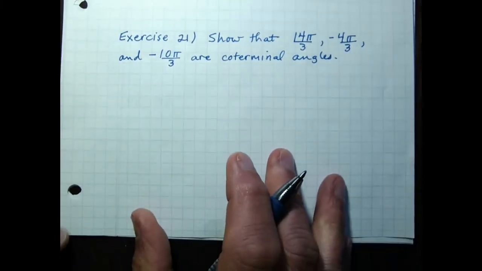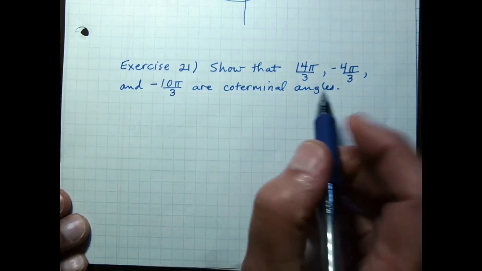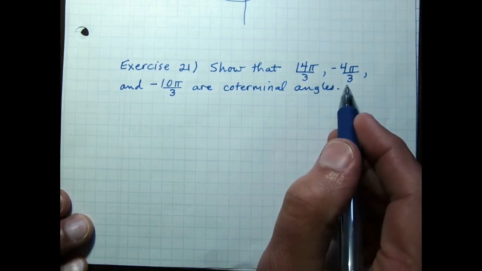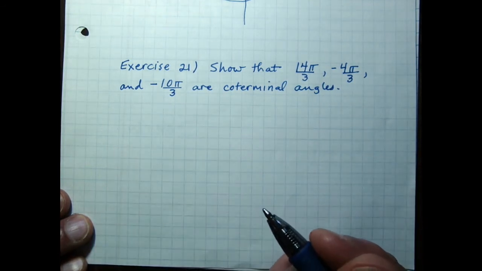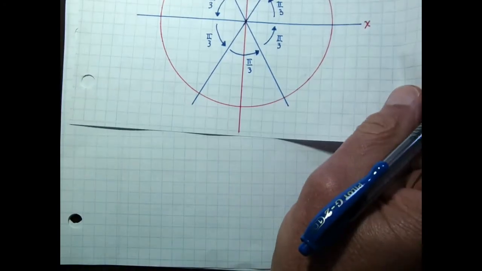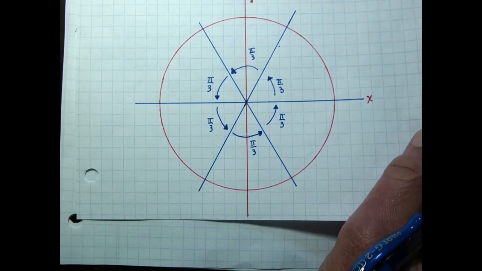Let's do a similar kind of exercise now, but with radian measure. So we're going to show that 14 pi over 3, negative 4 pi over 3, and negative 10 pi over 3 are coterminal. These are all multiples of pi over 3, so I want to rely on my way of thinking of the multiples of pi over 3 as I go around the unit circle.